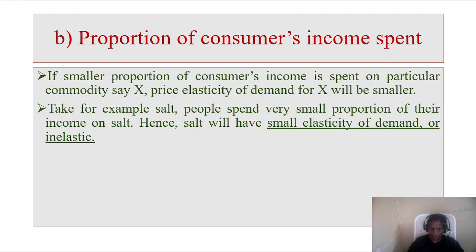Take the same example, salt. Salt is a commodity which we use in our daily life. Without salt, we cannot eat food. So a small amount of money spent on a particular commodity like salt means there will be a small elasticity of demand, or inelasticity of demand, for the commodity.